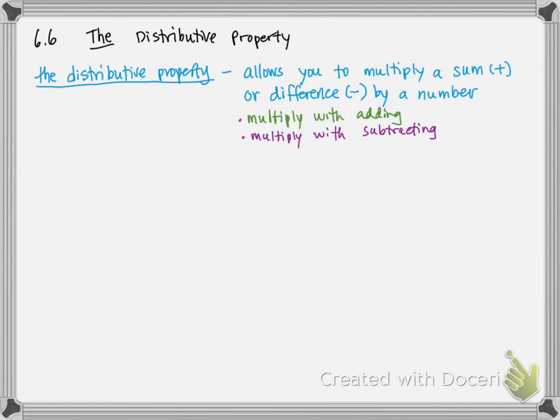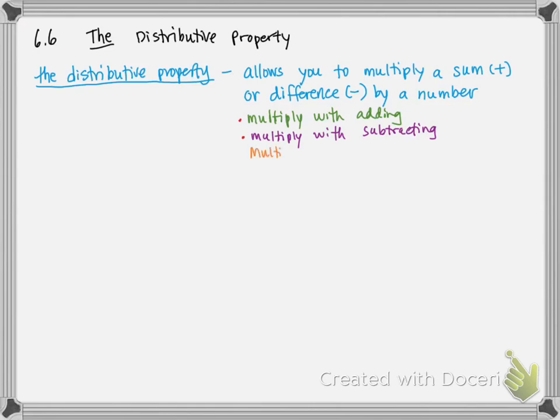The other thing is you might have the situation with parentheses, but what's inside the parentheses in the grouping symbol, you can't do the math in there. So the only thing you can do is, if we have the distributive property, you can multiply the outside number by everything inside. So I'm going to write that down.